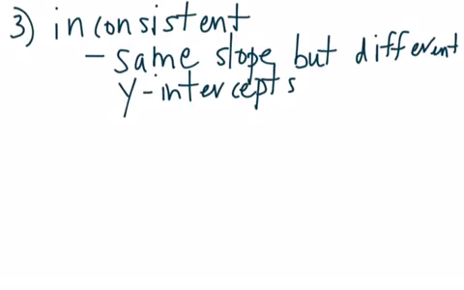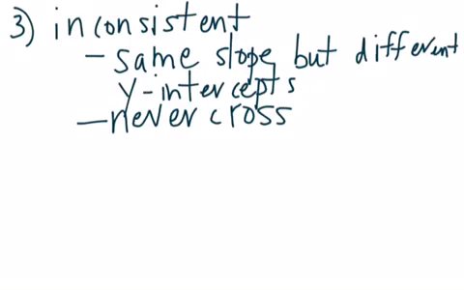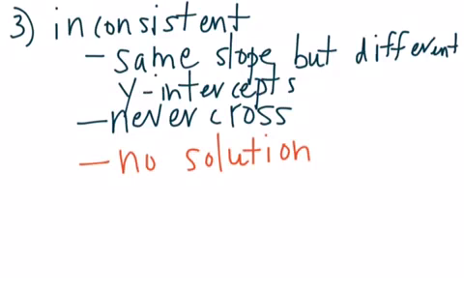Because they have the same slope and different intercepts, that means that they never cross. The solution to an inconsistent system is no solution. Because solutions only occur where the lines cross, these lines never cross, therefore they cannot have a solution.